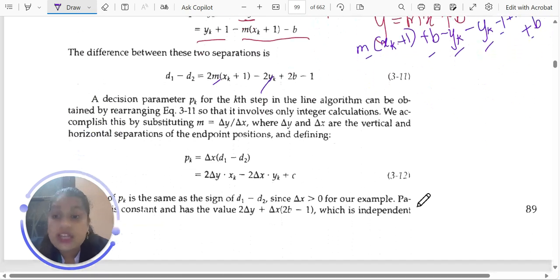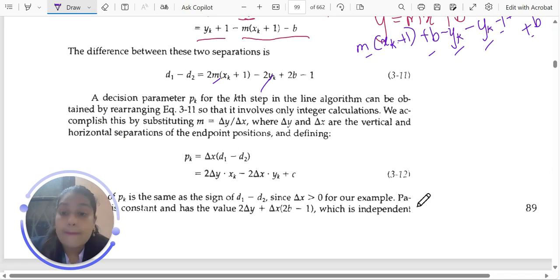Okay, we have got the equation. Now a decision parameter pk for the kth step in the line algorithm can be obtained. After we rearrange this equation, we will get another pk value. That is what we call the decision parameter pk.